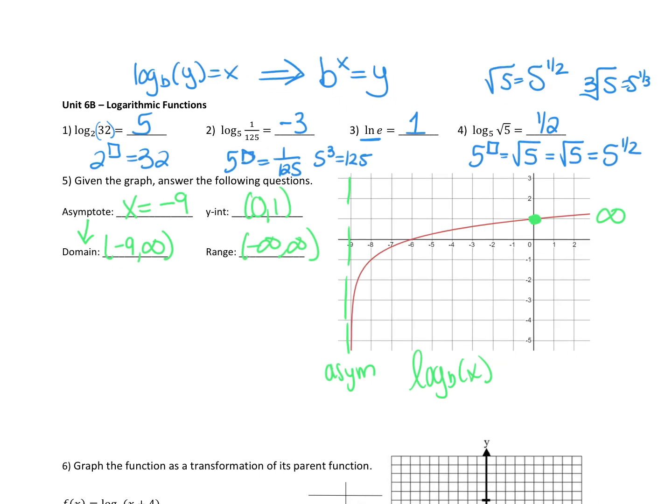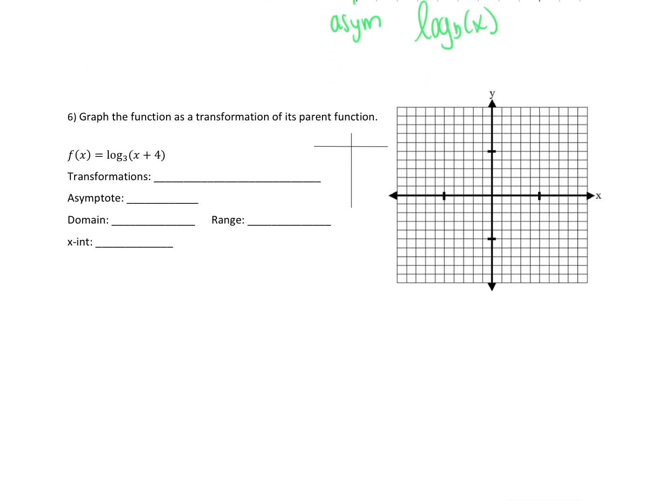All right, let's use this to graph our log now. I can see that the base of my log is 3, so that'd be similar as if I had a 3 to the x power exponential. So I'm just going to use those basic numbers. So 3 to the -1 power would be 1/3, 3 to the 0 power is 1, 3 to the first power is 3, 3 to the second power is 9.